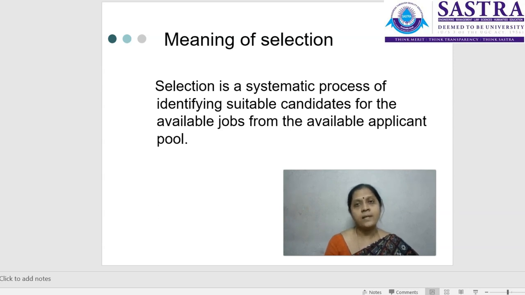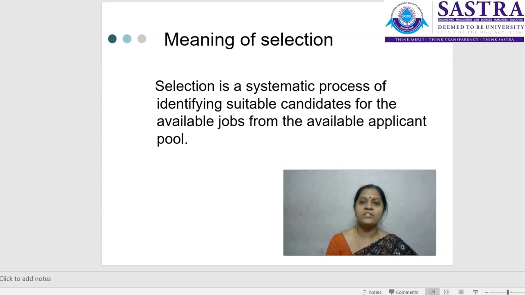There are some other definitions also for selection. This is the definition given by David A. DiCenso. He defined selection as a managerial decision-making process to predict which job applicants will be successful if hired.